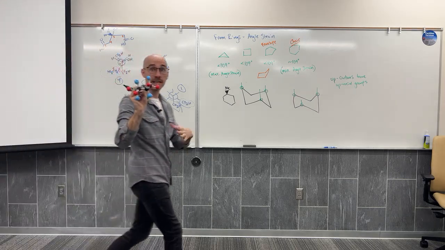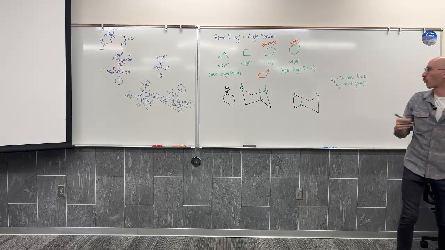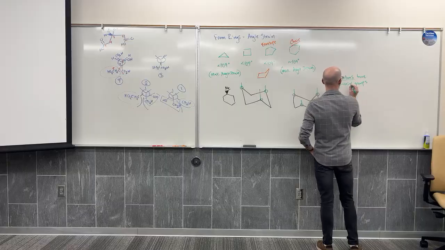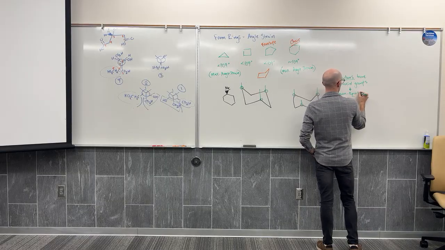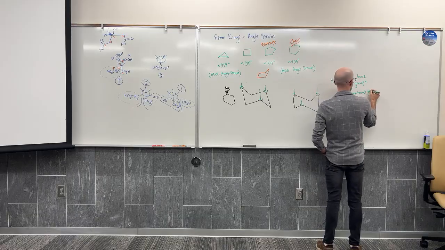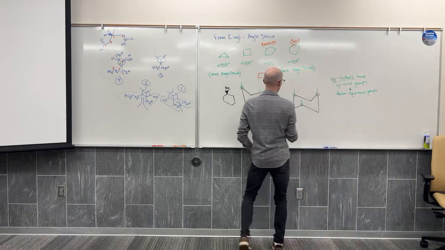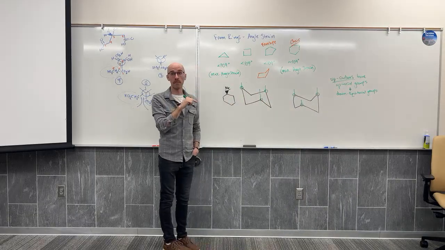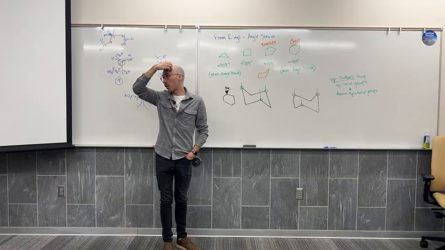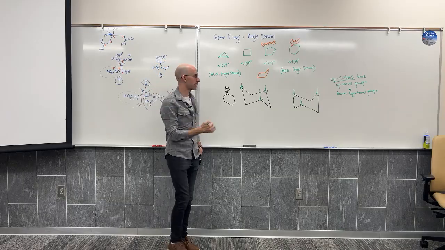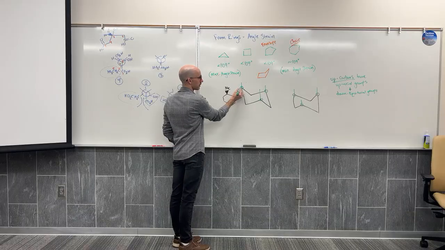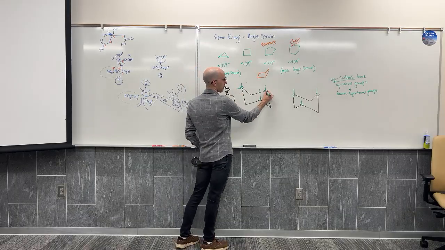So we call it a down equatorial group. So to draw this from my up carbon, I'm not going to draw it horizontal, but I'm not going to draw it straight down. I'm going to draw this group just down a little bit at an angle.